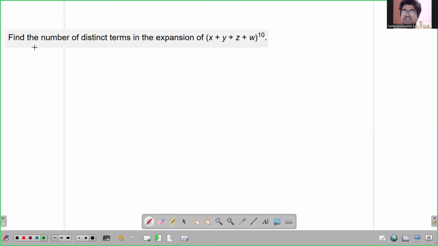Here you are asked to find the number of distinct terms in the expansion of x plus y plus z plus w, the whole power 10. First and foremost, understand, if you are considering something like a plus b, the whole power n, a binomial expansion, the number of distinct terms corresponds to n plus 1.